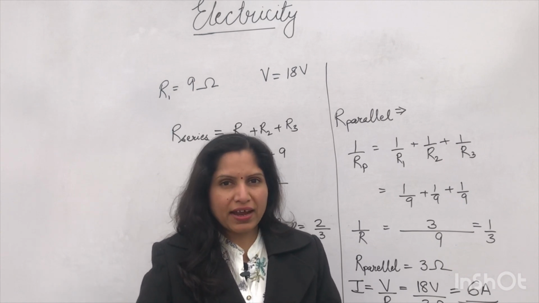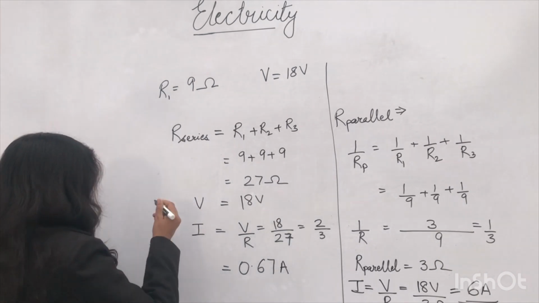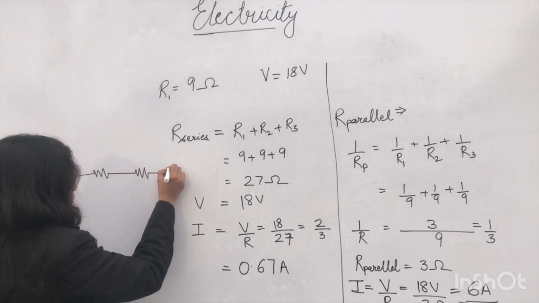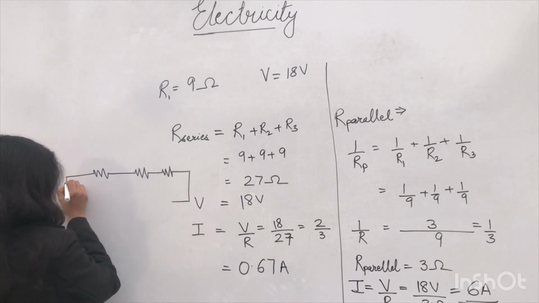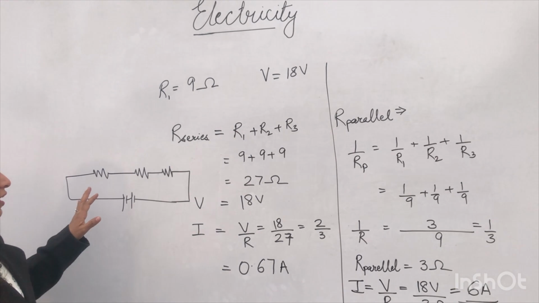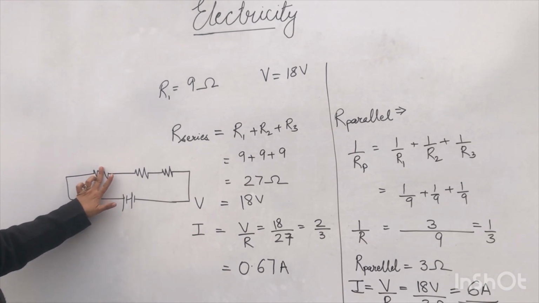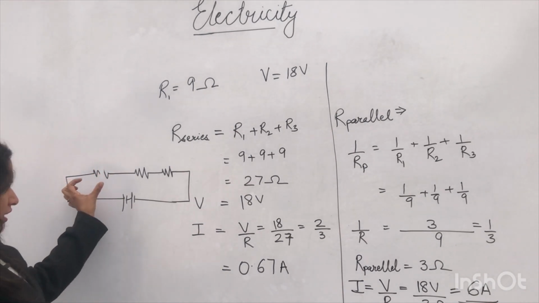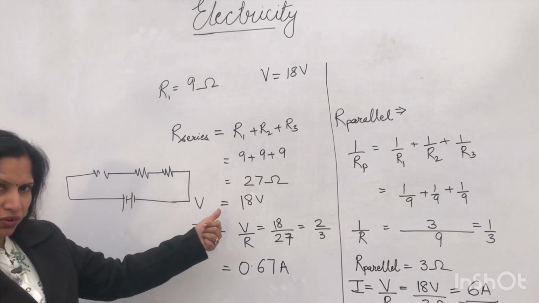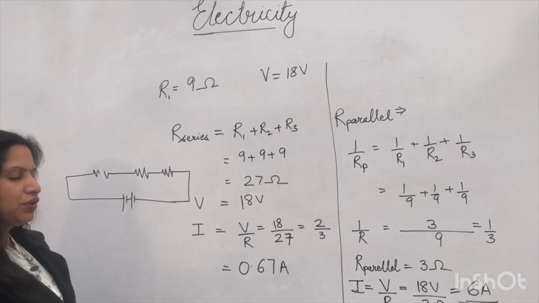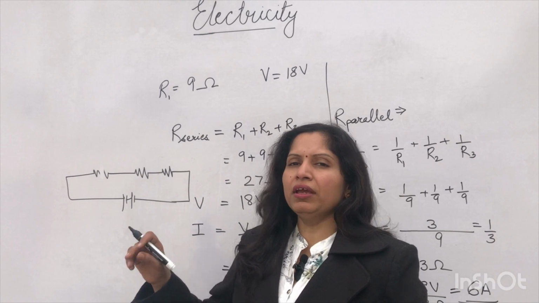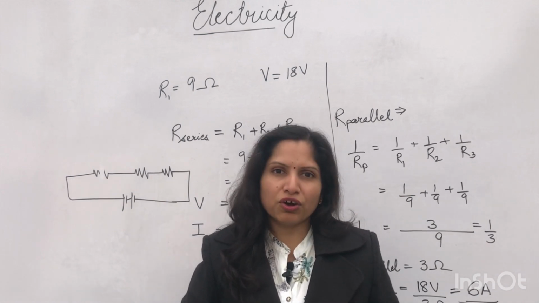One more benefit of that is that in case of series combination, when two or three or any number of resistors are connected to each other end to end to a potential source, then if any of the resistors gets broken off, or we switch off any one of the appliances, these are three appliances and we are turning off any of the three appliances, then the whole circuit will be broken off and the current will not be flowing.